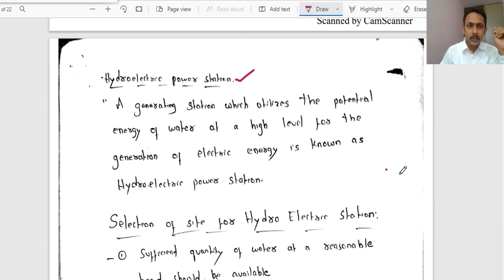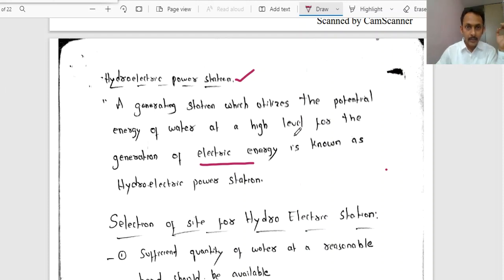Dear students, if you observe, the hydraulic power station is going to utilize the potential energy of the water which is located at a high level for generation of electric energy. Water will be stored at greater heights.